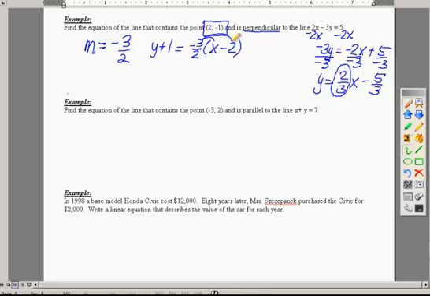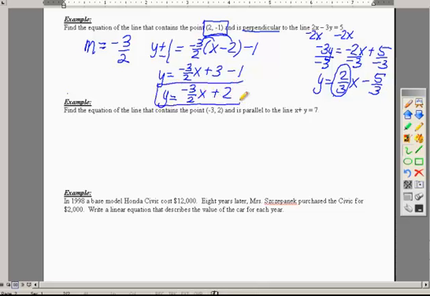I'm going to distribute this out and also subtract 1 kind of at the same time. So I have negative 3/2 x. Negative 3/2 times negative 2 is a positive 3, and then minus 1. And all I have to do now is simplify: negative 3/2 x plus 2.